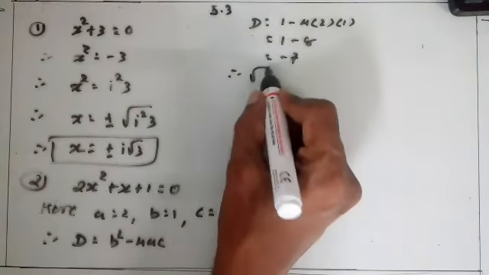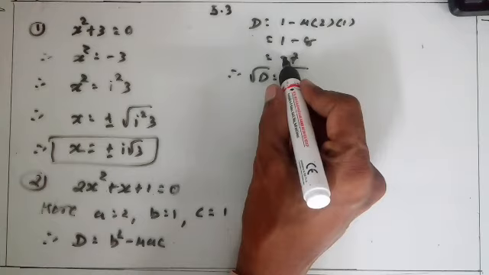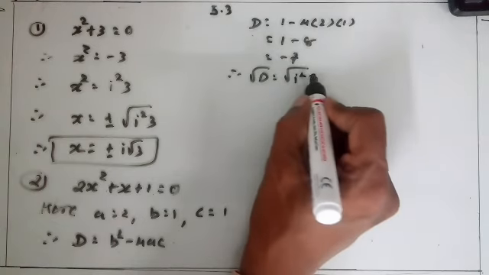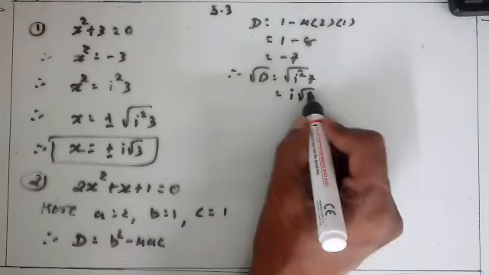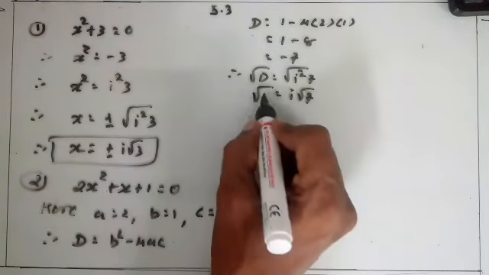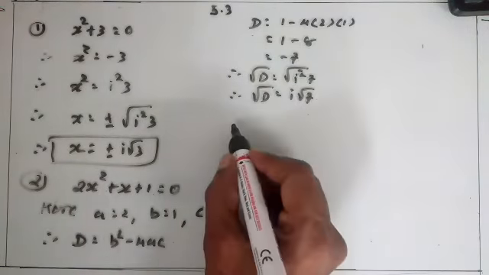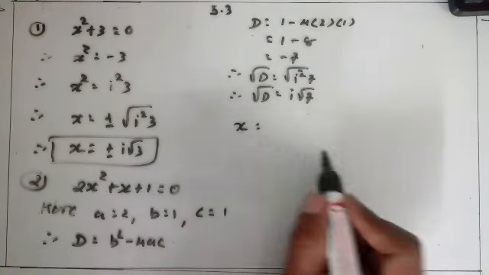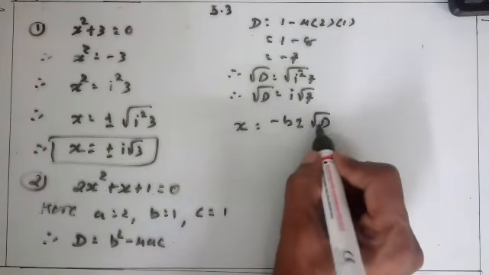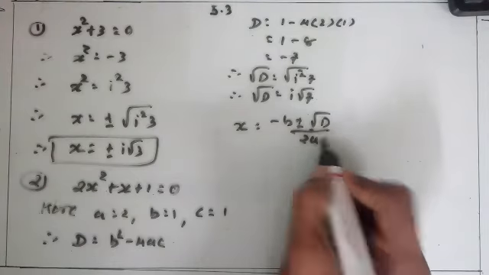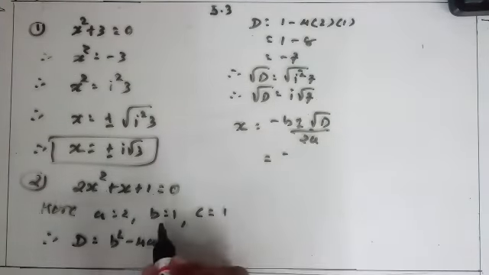Therefore √D = √(−1 × 7) = √(i² × 7), so √D = i√7. Clear? Now the value of x is (−b ± √D) / 2a, where b = 1.